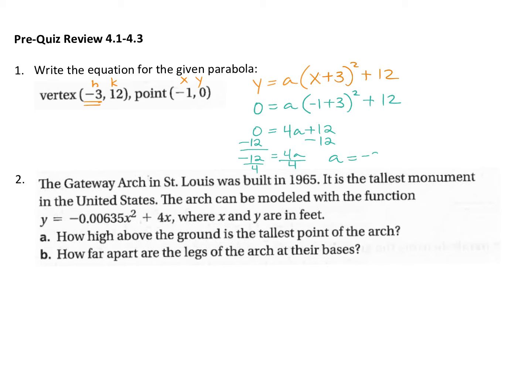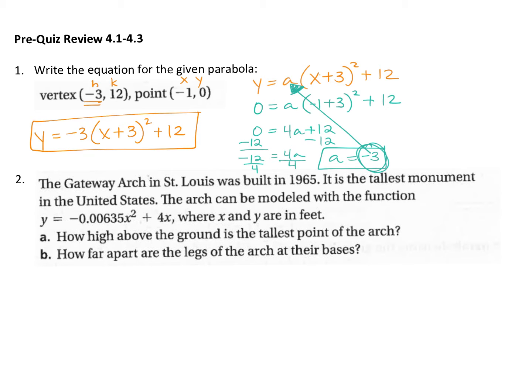So a is negative 3. So now you're just taking that negative 3 and you're dropping it into that original equation you wrote as your a value. So it's going to be y equals negative 3 times x plus 3 squared plus 12. And that will be your answer.